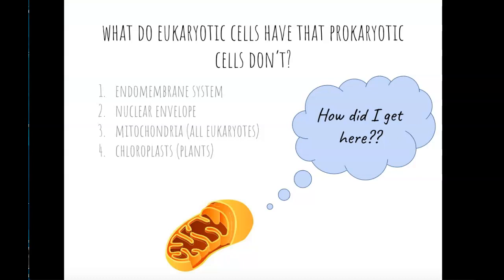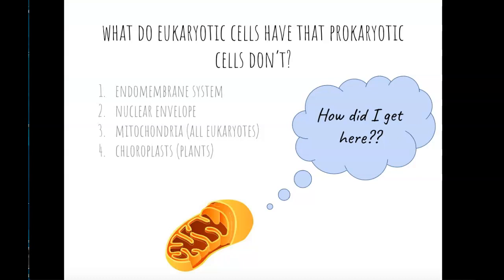In general, eukaryotic cells have an endomembrane system, which, if you remember, means that they have rough endoplasmic reticulum, smooth endoplasmic reticulum, the Golgi apparatus, and lysosomes. That's all part of the endomembrane system.